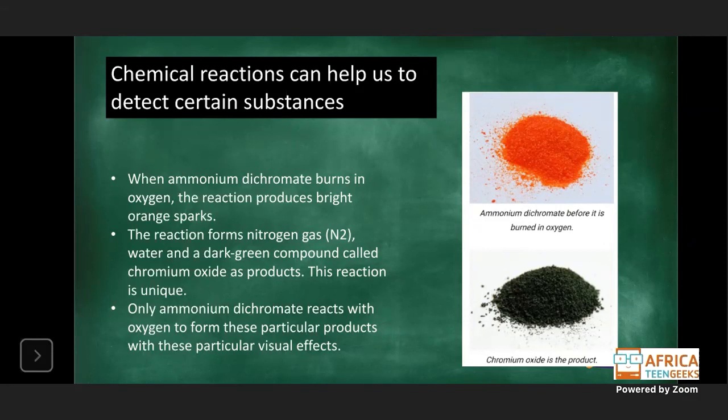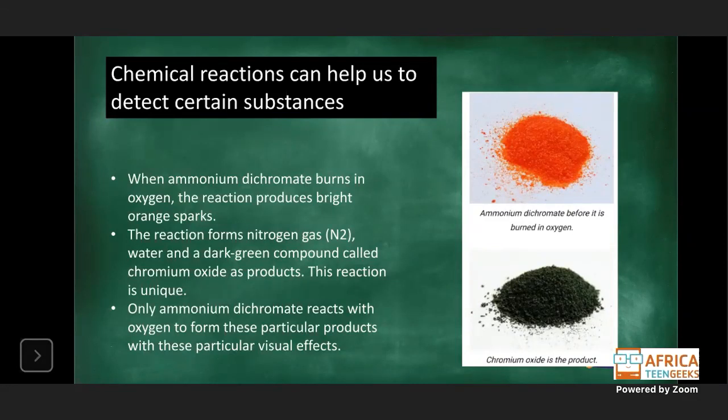Okay, so here, guys, we have an example of ammonium dichromate, which burns in oxygen. And this reaction produces bright orange sparks. The ammonium dichromate is usually used in volcano experiments, right? So the reaction would form nitrogen gas, water, and a dark green compound called chromium oxide as the product.